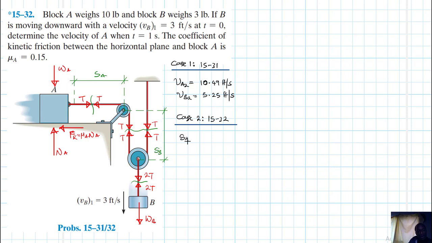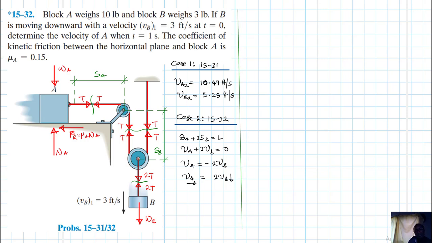So we have SA plus 2SB is equal to L. Derivative, this just gives us this. And therefore VA is just equal to minus 2VB. Or you can think of VA in this direction as equal to 2VB in this direction. So that is basically what we are saying. No hard stuff. It is just as plain as that.